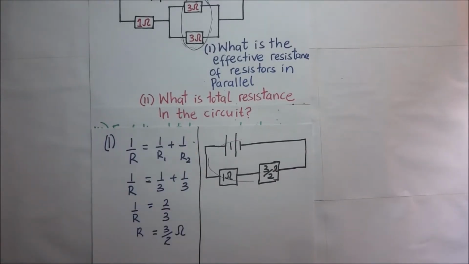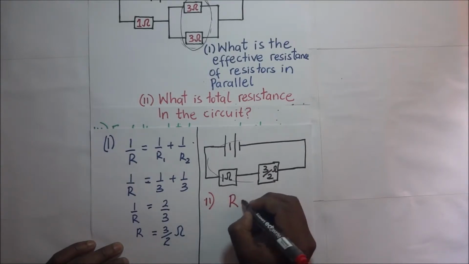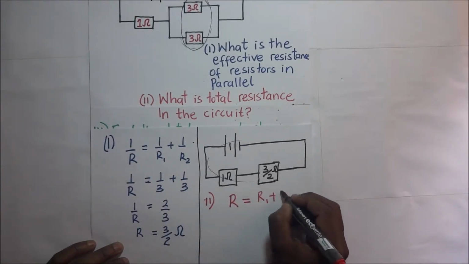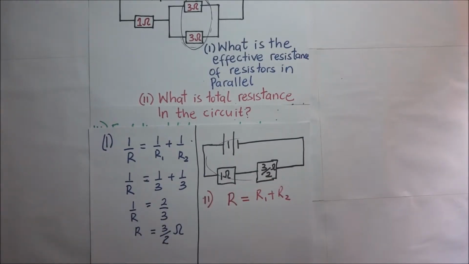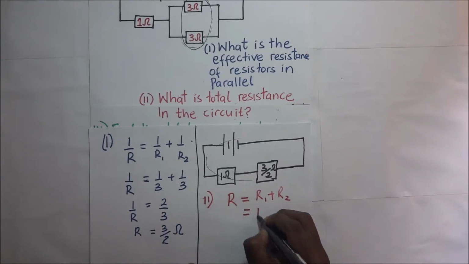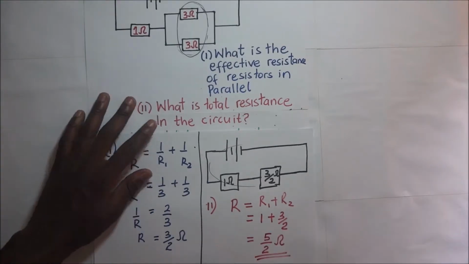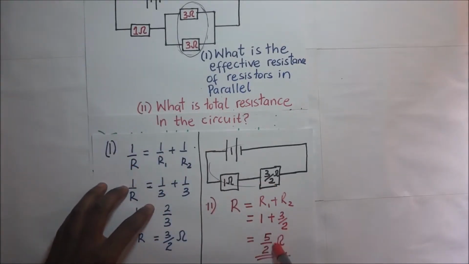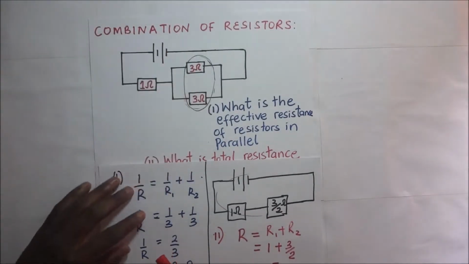To answer Roman 2, the total resistance is R1 plus R2, since they are in series. R1 is 1 ohm plus R2, which is 3/2 ohms. So the total resistance in the circuit is 2.5 ohms, which is 5/2. So we have the effective resistance in the whole circuit.